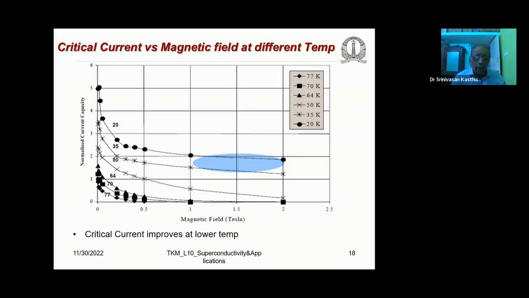Now let us look at the critical current versus magnetic field at different temperatures for the high temperature superconducting wire. What is shown here is that on the x-axis you have the magnetic field, on the y-axis you have the stabilized current, and these are plotted for different values of temperature.